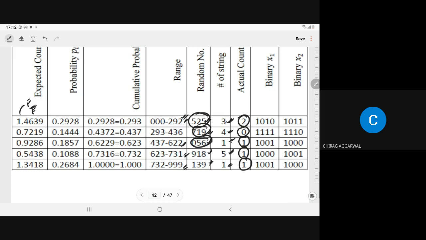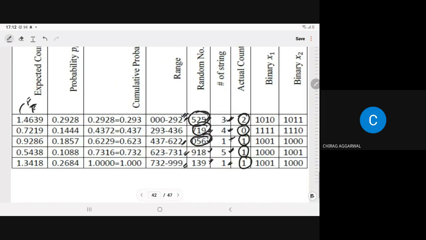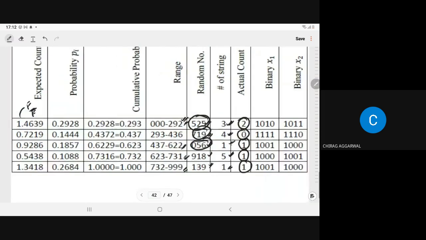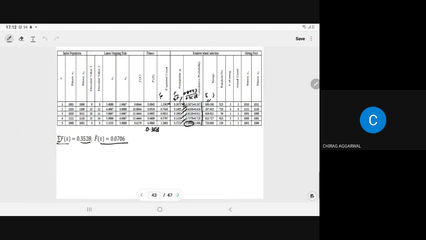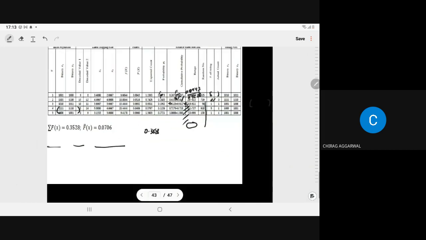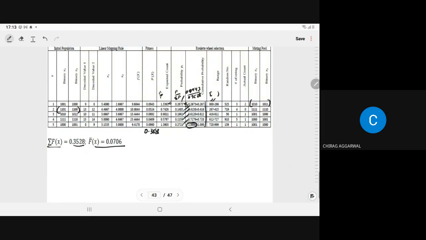So whatever the string 2, that string 2 we have written here. Clear? Whatever the string 3, not string 2, string 3, that we have written here.